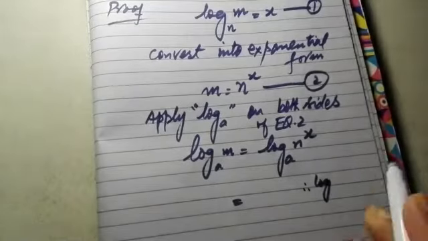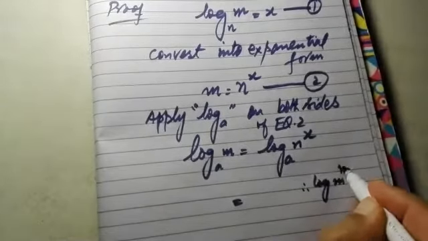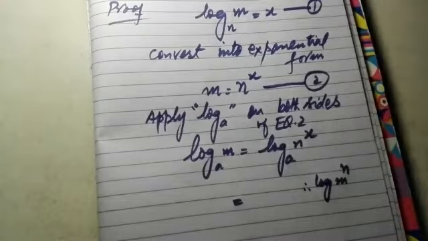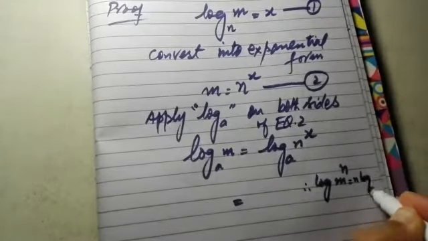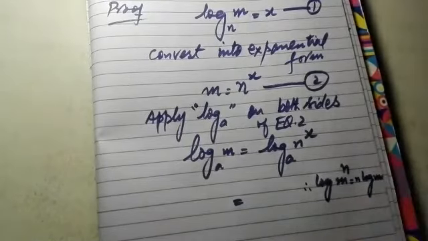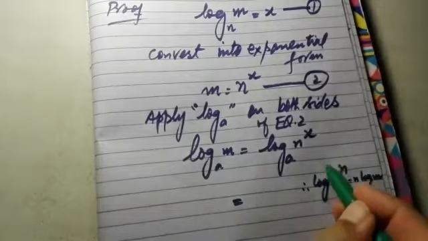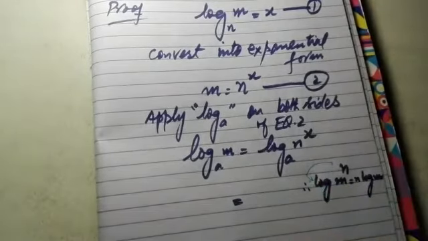We just proved earlier that if we have written log m raised to power n, this can be written as n times log of m. That is, the number n becomes the multiple of log.